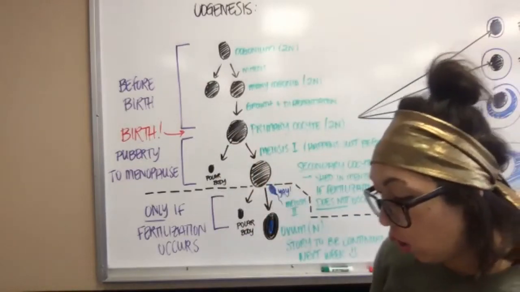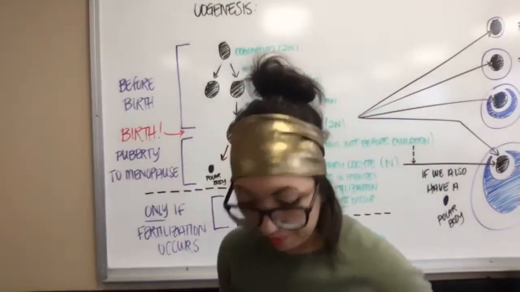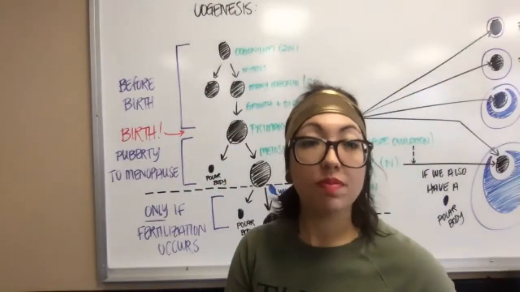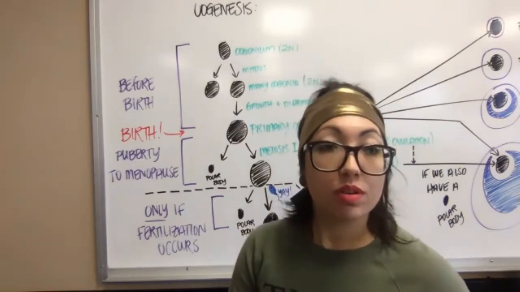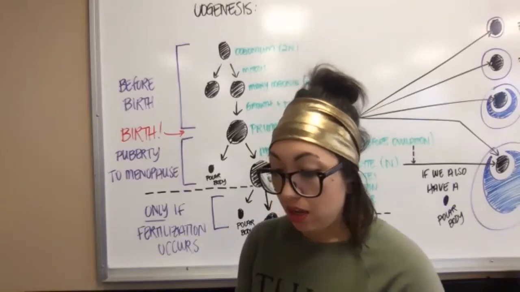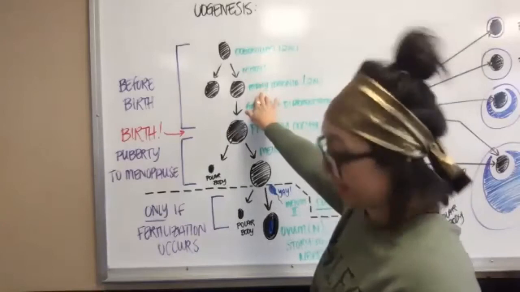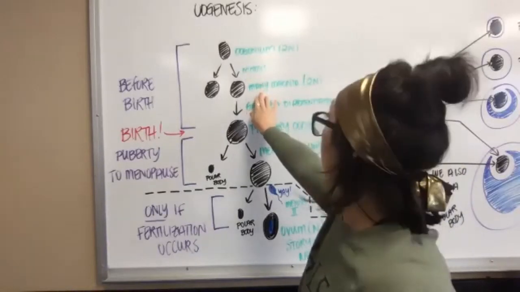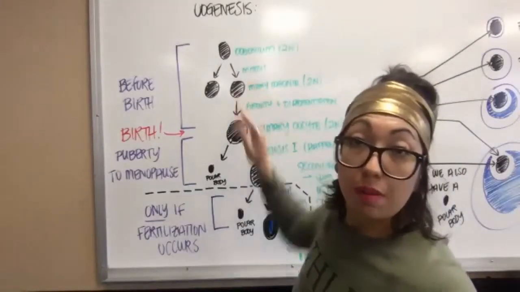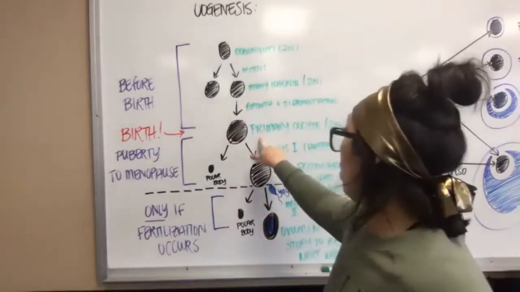Oogonia are only present in the ovaries before birth. Yes, true. So number 6, oogonia are only present before birth. That is true, because by the time she is born, they have all turned into what?